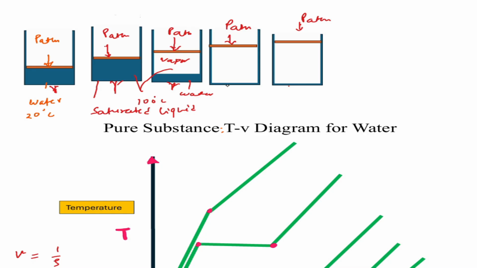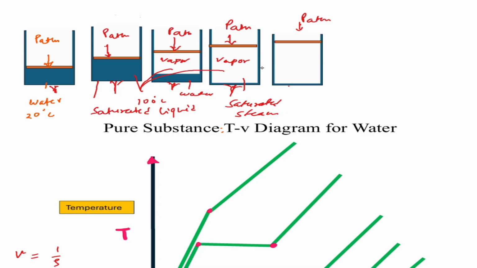If we further heat it, we reach another state where the water completely converts into steam. Here it's a complete vapor. This vapor's temperature is still 100 degrees centigrade, because this is the saturated steam.